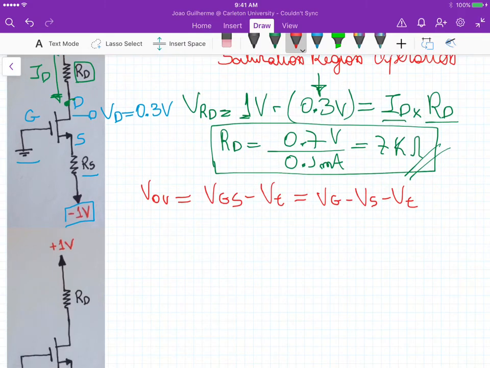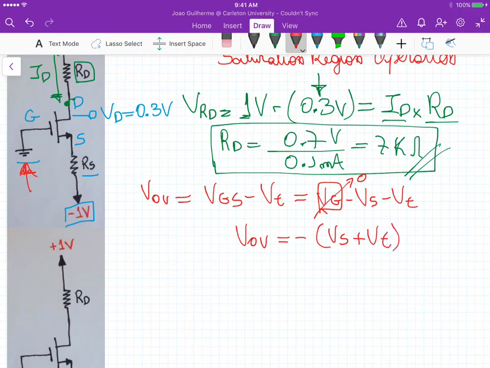If we look at the circuit, the gate is grounded, so VG is actually 0. And the overdrive voltage is equal to minus VS minus the threshold voltage.